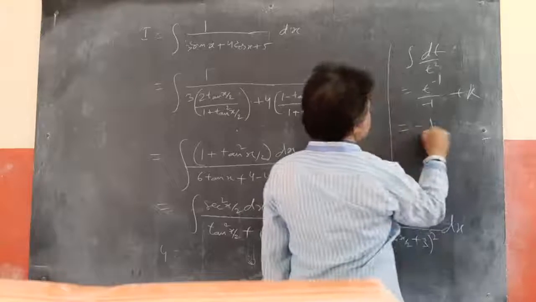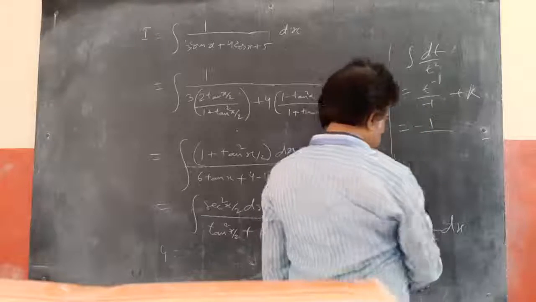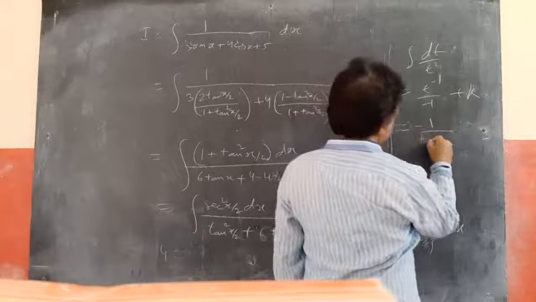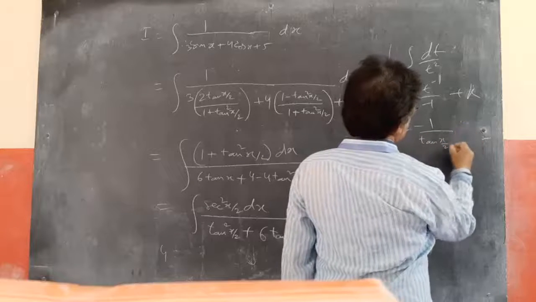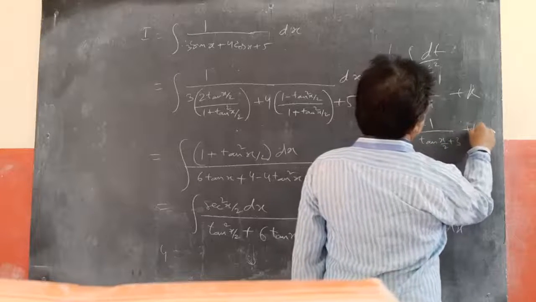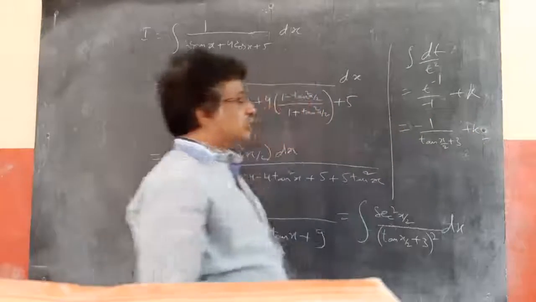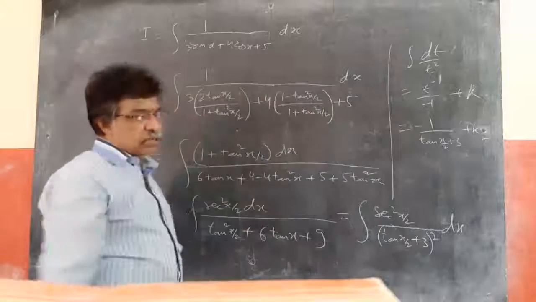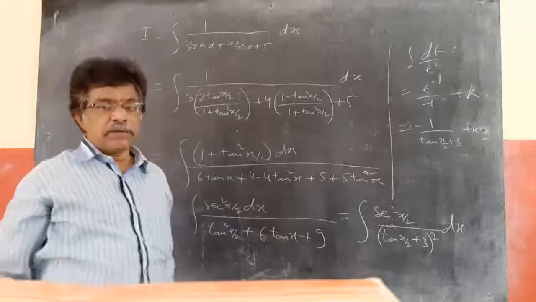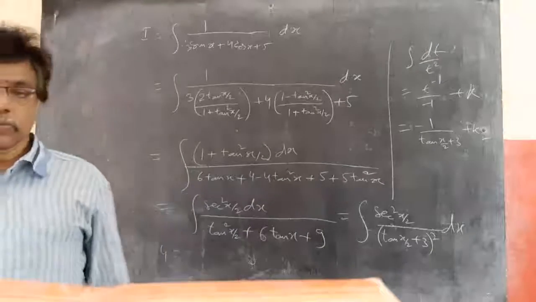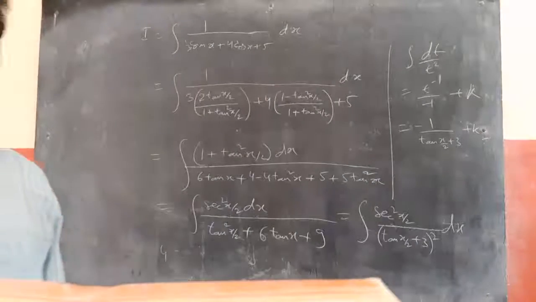So minus 1 by t. T is nothing but, back substitution, tan x by 2 plus 3, plus k. This is I. So you can resubstitute this I in the original equation. So this is the way we should do it.